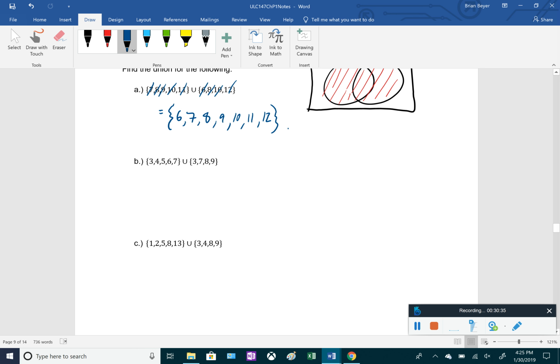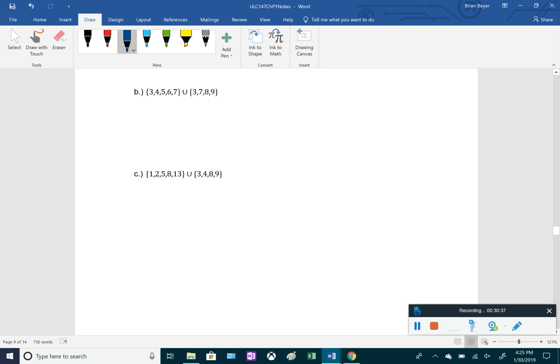Let's do 2 more. So we have the set 3, 4, 5, 6, 7, union 3, 7, 8, 9. I'm just going to write everything down, join the sets together for the union. They both have a 3. There's a 4 on the left, 5 on the left, 6 on the left. They both have a 7, and then 8, 9 on the right.